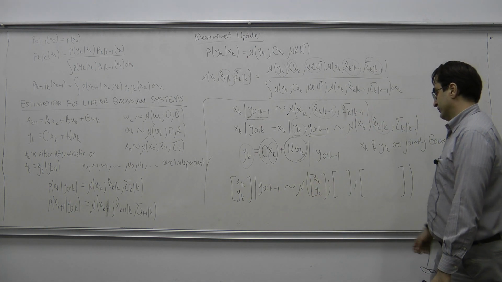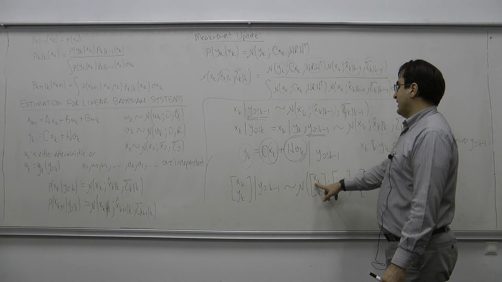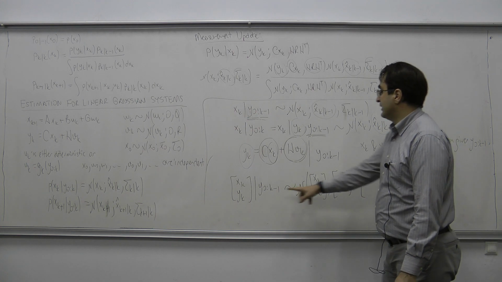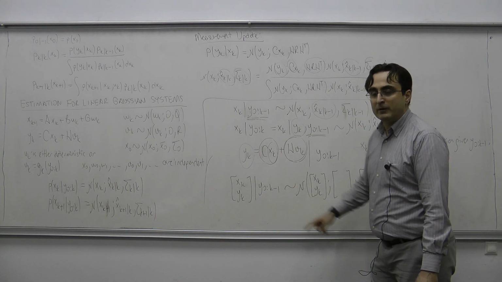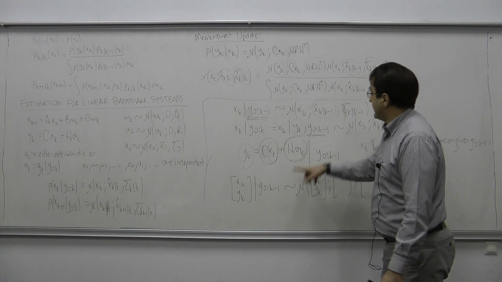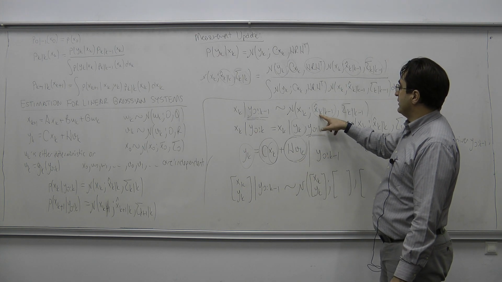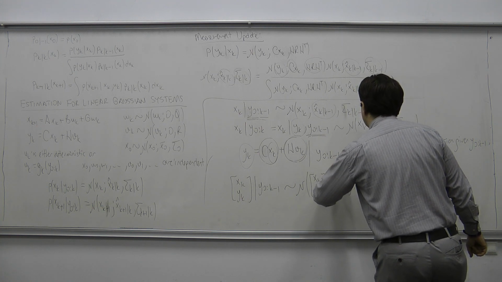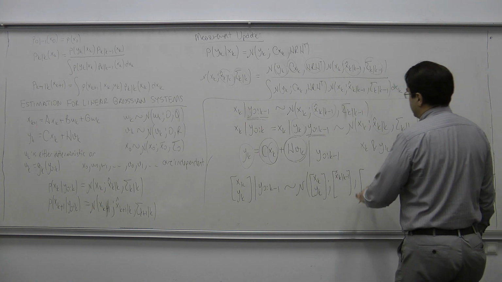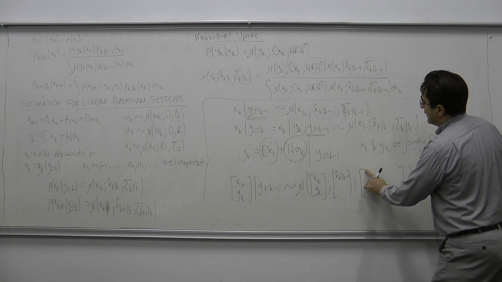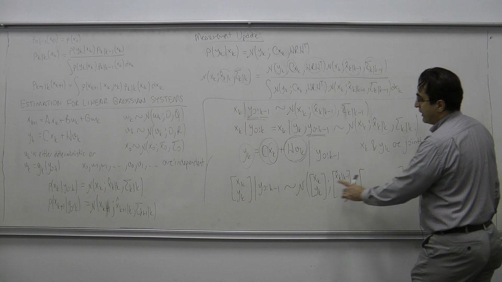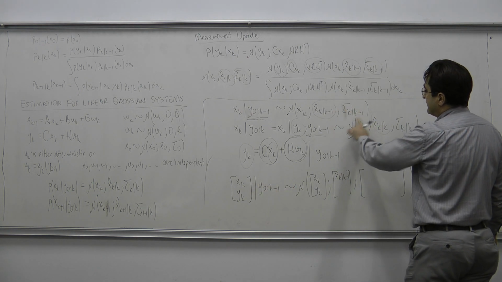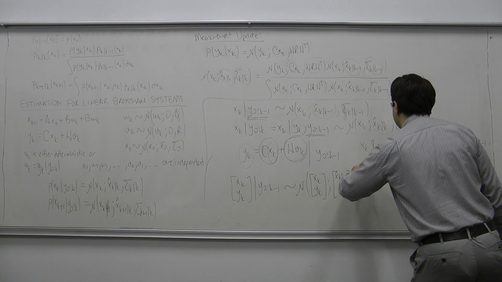This quantity is going to be the mean of xk given y0:k-1, so I have here x hat k given k-1. And here I need the marginal covariance of xk given y0:k-1, and that is nothing but sigma k given k-1.